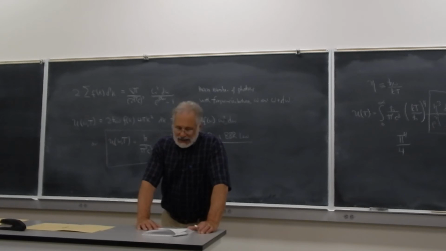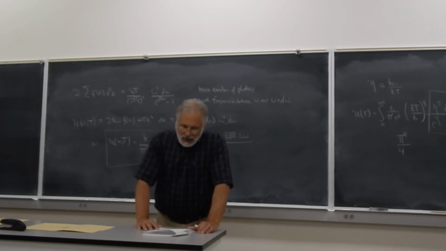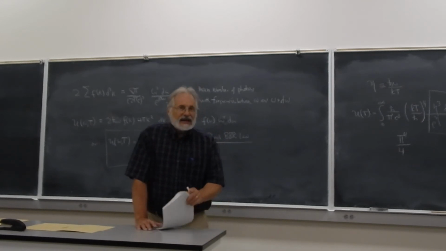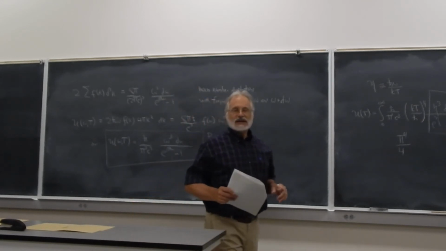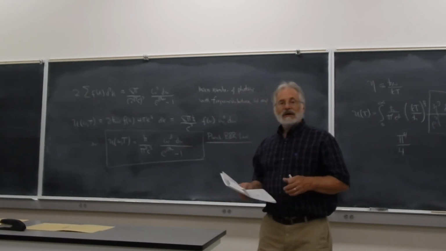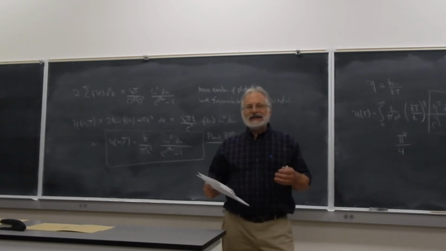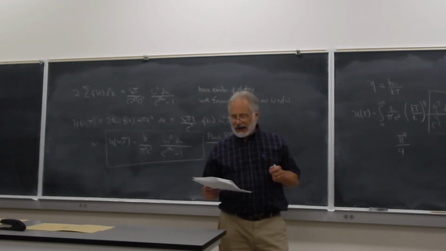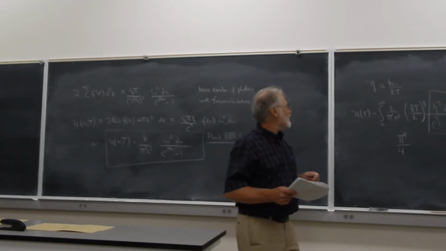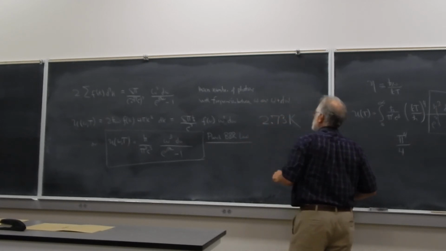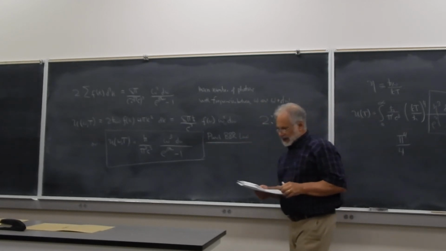What they realized was that the wavelength of the radiation they were detecting indicated that the temperature of that radiation was about 2.73 Kelvin. So the temperature of the cosmic microwave background is about 2.73 Kelvin.